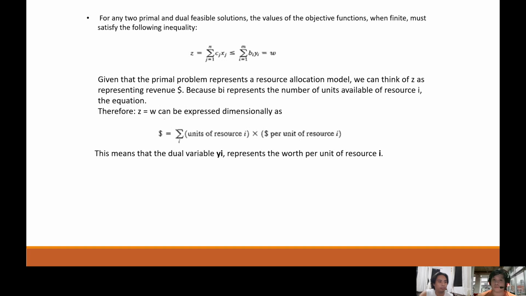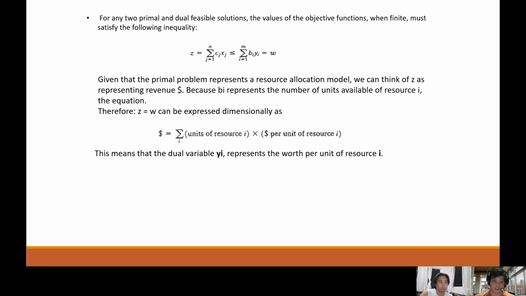For any two primal and dual feasible solutions, the values of the objective function, when finite, must satisfy the following inequality. Given that the primal problem represents the resource allocation model, we can think of z as representing revenue in dollars, because bi represents the number of units available of resource i.